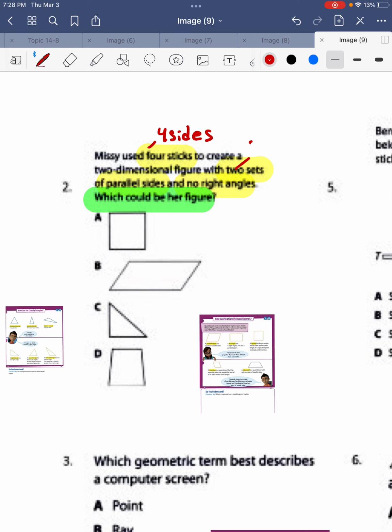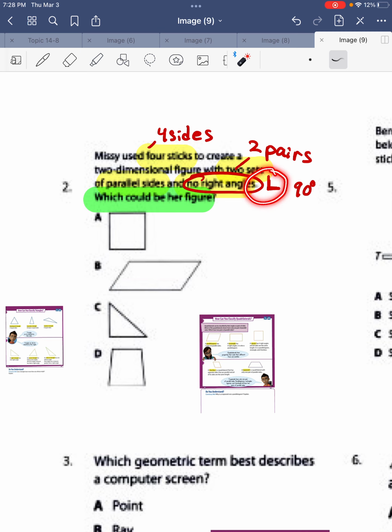So that just means 2 pairs of parallel sides and no right angles. So remember, a right angle looks like an L, like a perfect L, and it measures 90 degrees, okay?